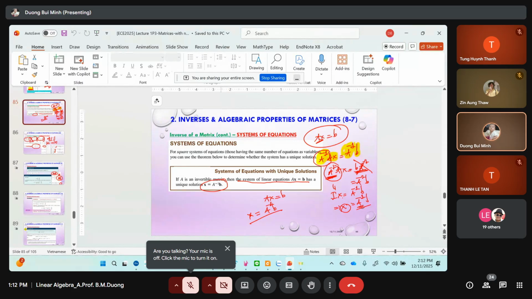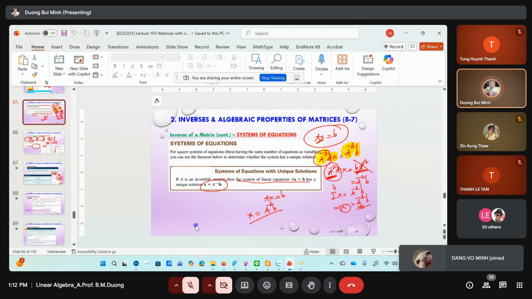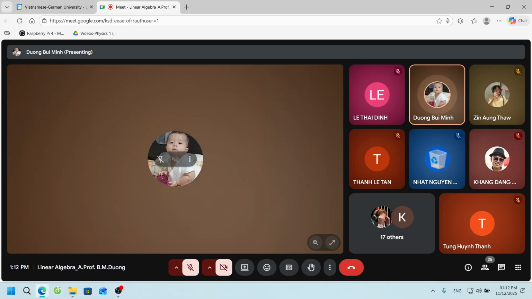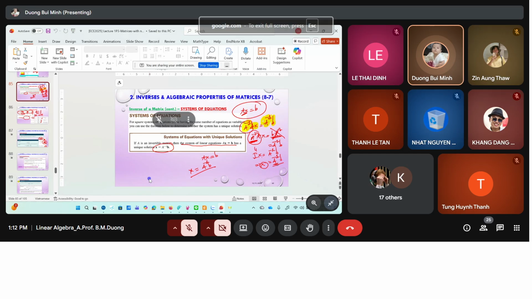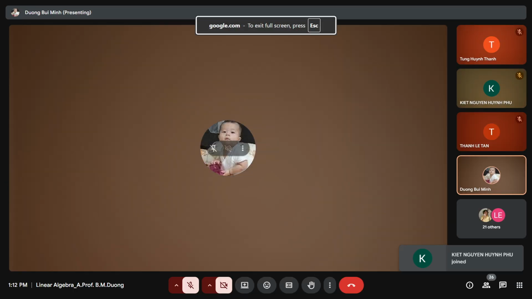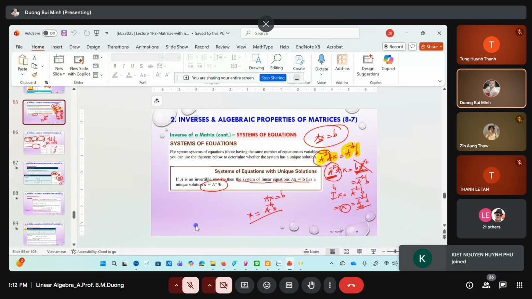Okay. Today we continue to study linear algebra, and we hope we can finish lecture 1, part 3 today. Of course, we will have the homework of this lecture. Remember that we have homework when we finish every lecture. Because we haven't finished lecture 1 part 3 yet, we don't have the homework.